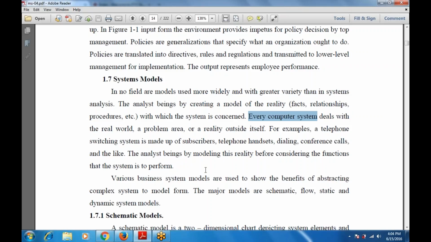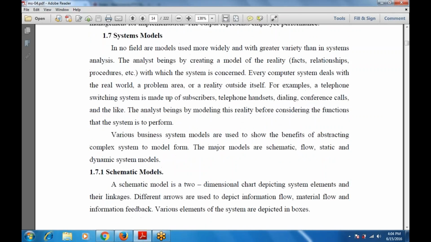This is done by the analyst, by analyzing or modeling the reality before constructing the functions. Various business system models are used to show the benefits of abstracting a complex system into model form.